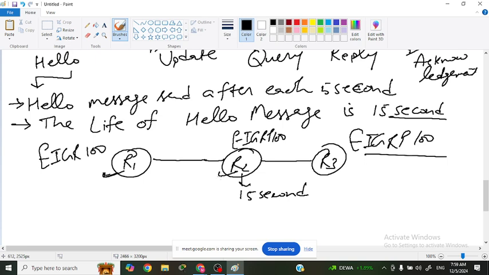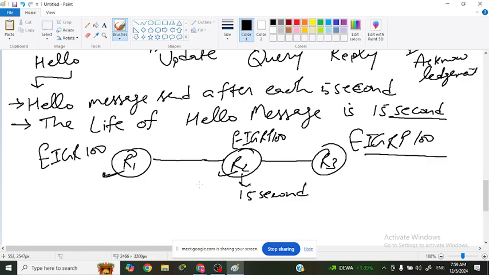R2 will remove R1's network from its routing table. So after every 5 seconds a hello message will be sent from a router, and this hello message's time to live value will be 15 seconds on its neighbor router.